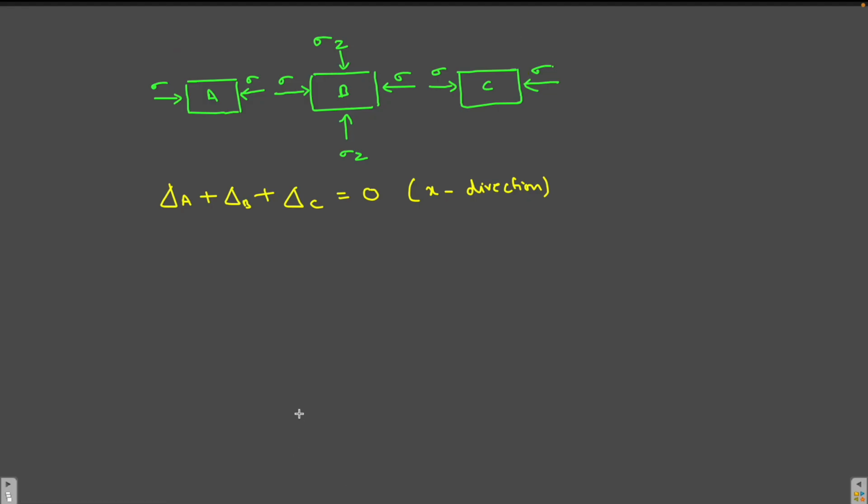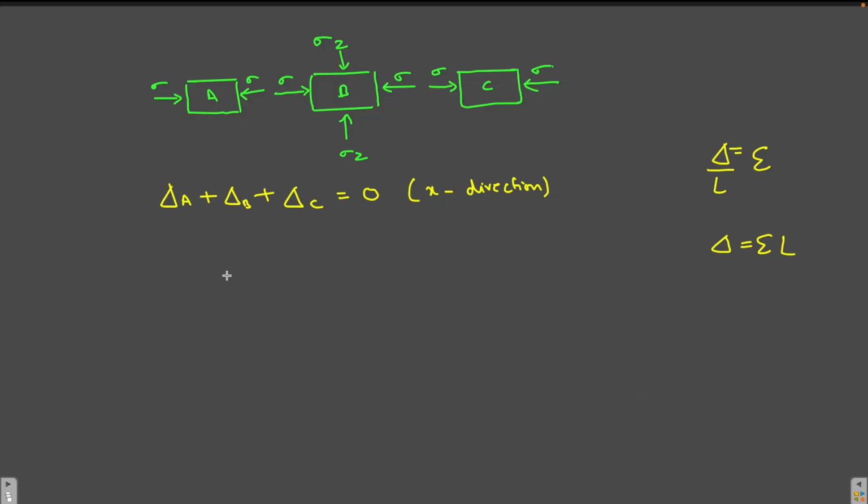contracting. Now we have to make use of this equation in order to find out what is the value of sigma. We know that change in length by original length is strain, right? So change in length can be written as strain into length, isn't it?